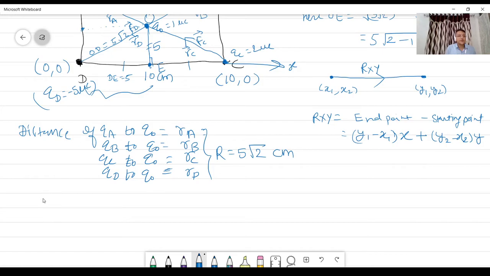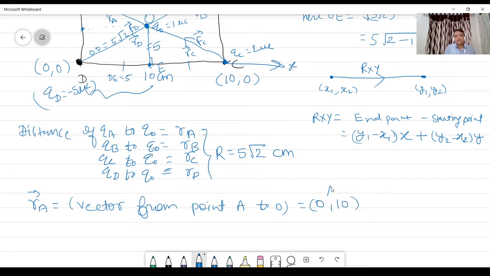So I want to find this vector ra. What will be vector ra? It is the vector from point A to O. I should mention that point A is 0 comma 10, and O is 5 comma 5.